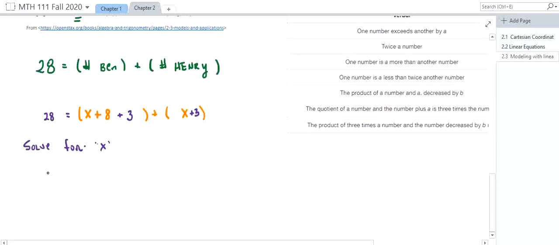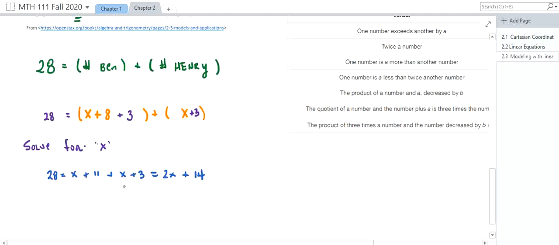So let's go about doing this. Let's simplify this stuff here. Equals x plus 11 plus x plus 3, which means, let's combine terms over here, we're going to have 2x plus 14.